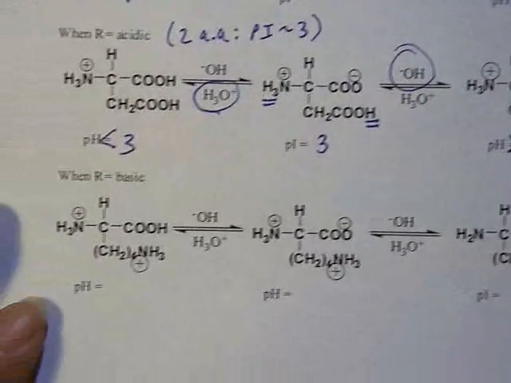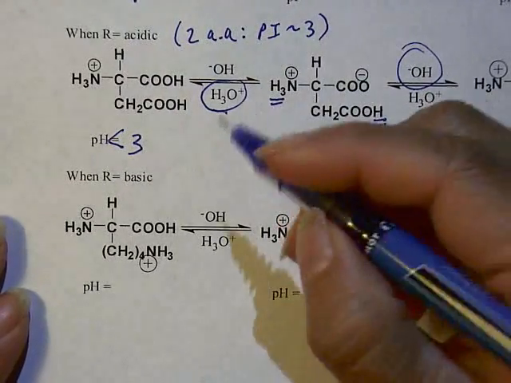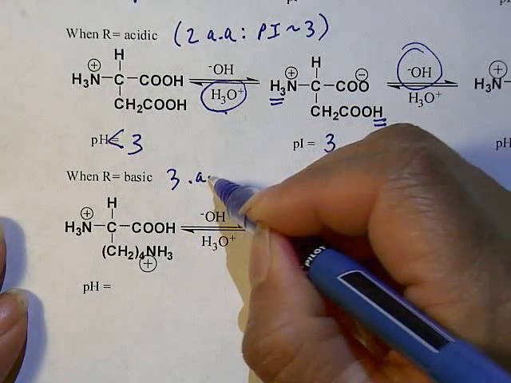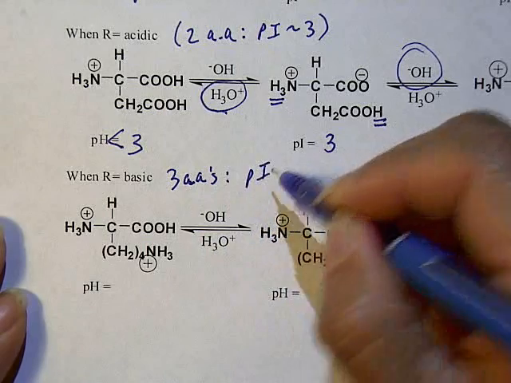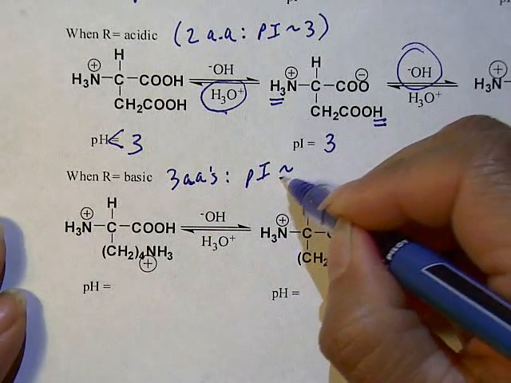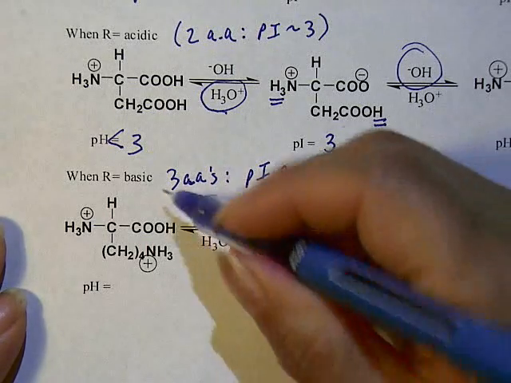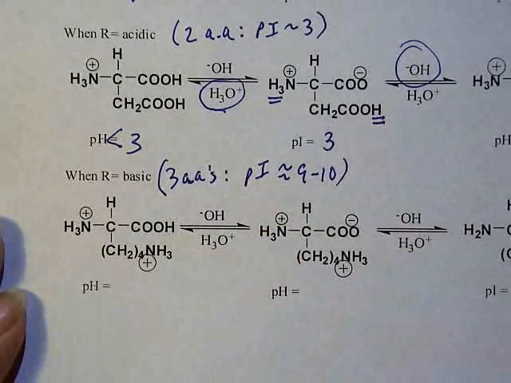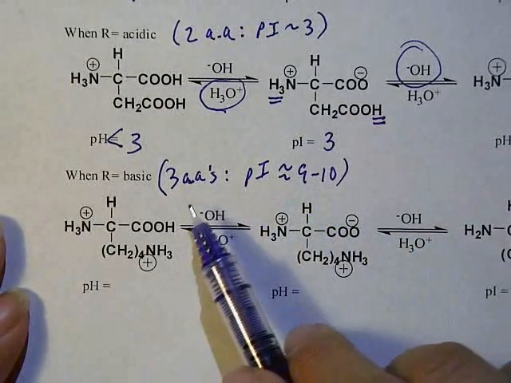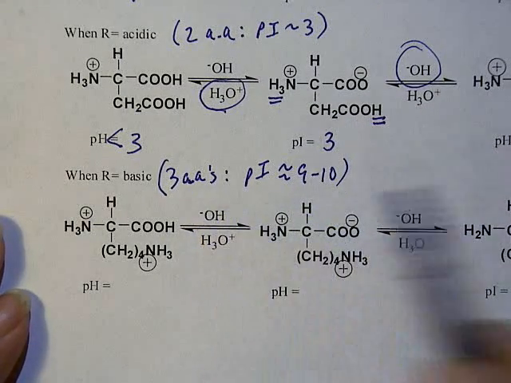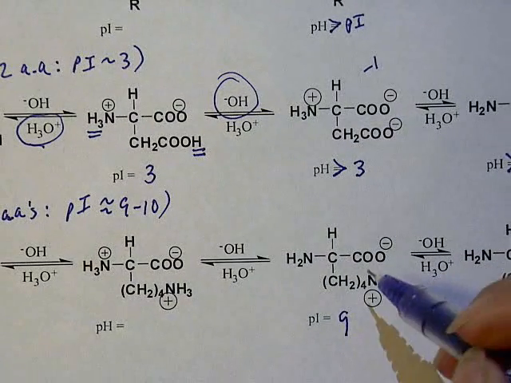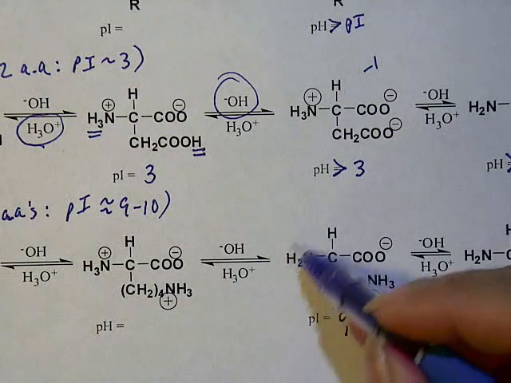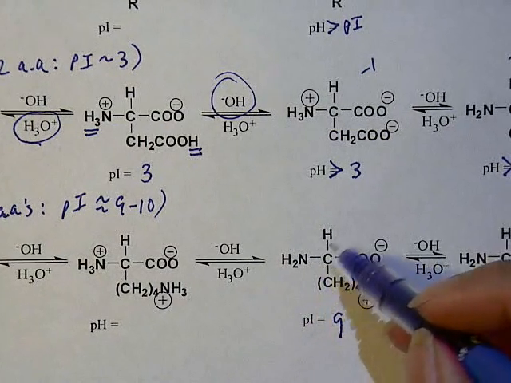Now for amino acids that are basic, there are 3 amino acids in this category. And the pI for this, as you might expect, is between 9 and 10. All right? And that should make sense because these have extra amine groups on them. So it has to be pretty high in order to keep this in a neutral form.